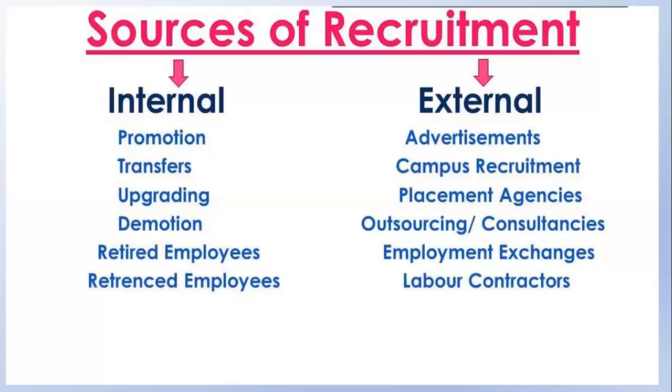So once the sources of recruitment are identified, then the next step, as we have seen in the previous slides, will be the selection procedure. Selection procedure can either be a written test, or a written test in combination with a medical test for particular jobs, because some jobs will also look into physical fitness, right?